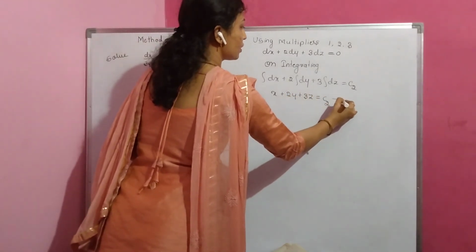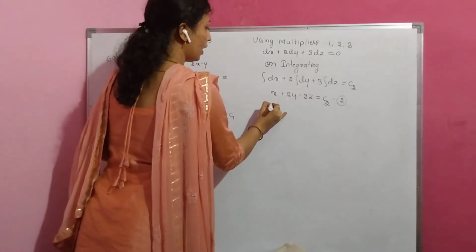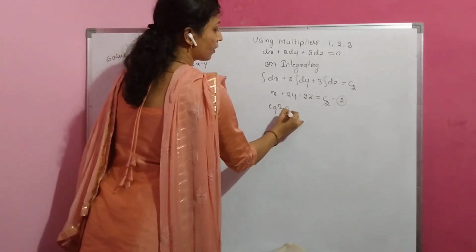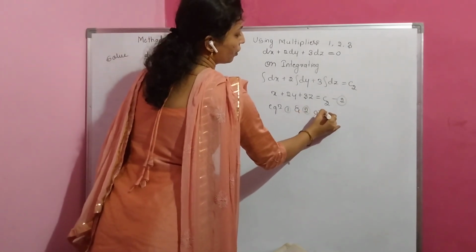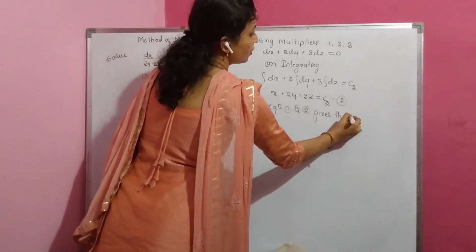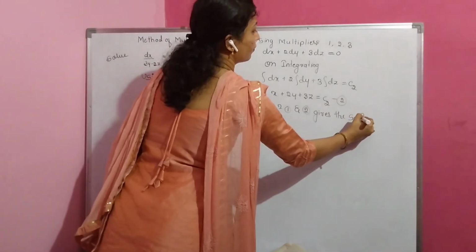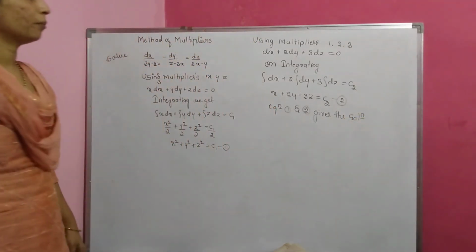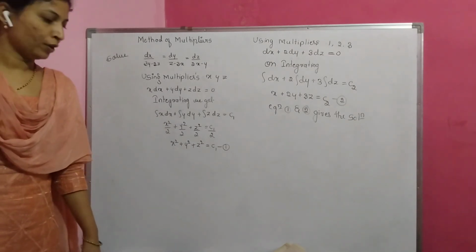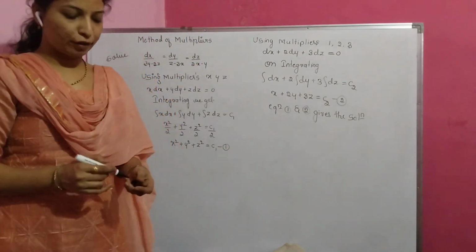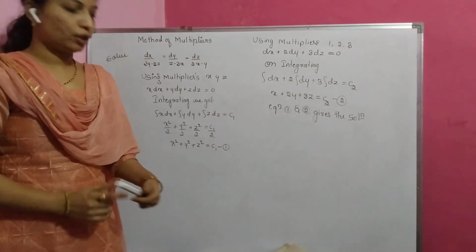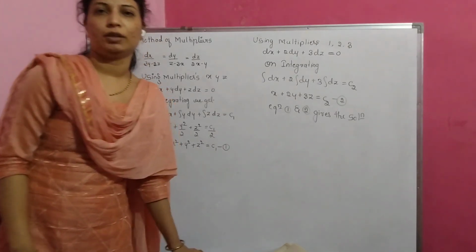Call this as equation 2. So equation 1 and equation 2 give the solution. This completes the solution. So in the next class we are discussing the total differential equation and the condition for integrability. Thank you.